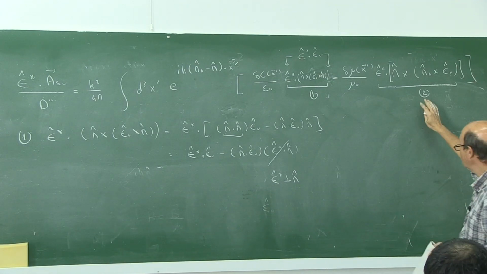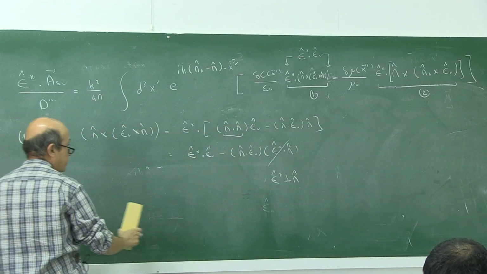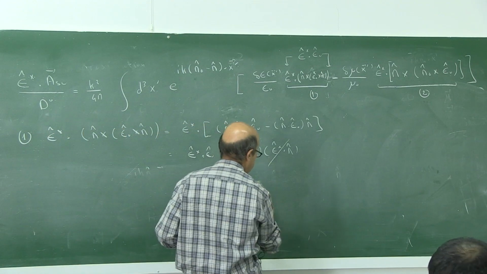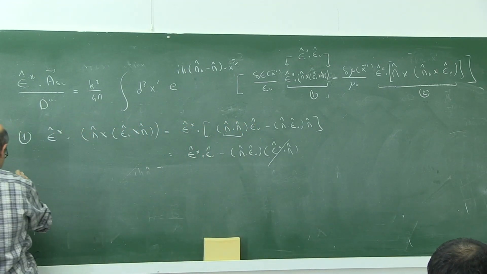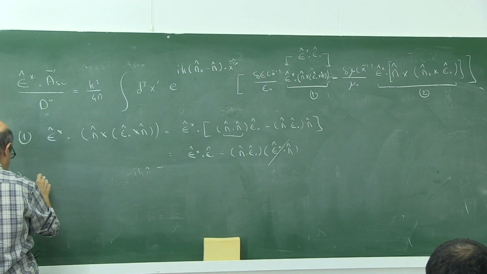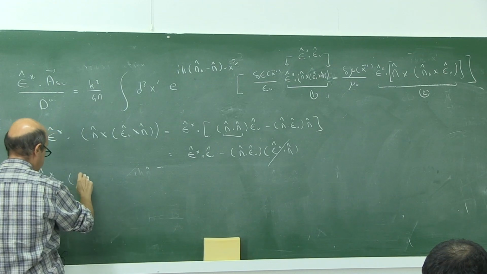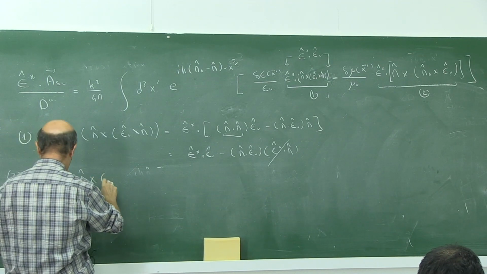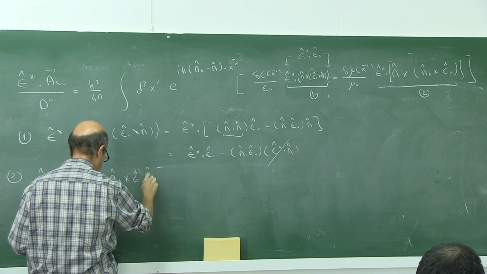So let us work on the second term. The second term is epsilon complex conjugate dot n cross n0 cross epsilon 0 unit vector.